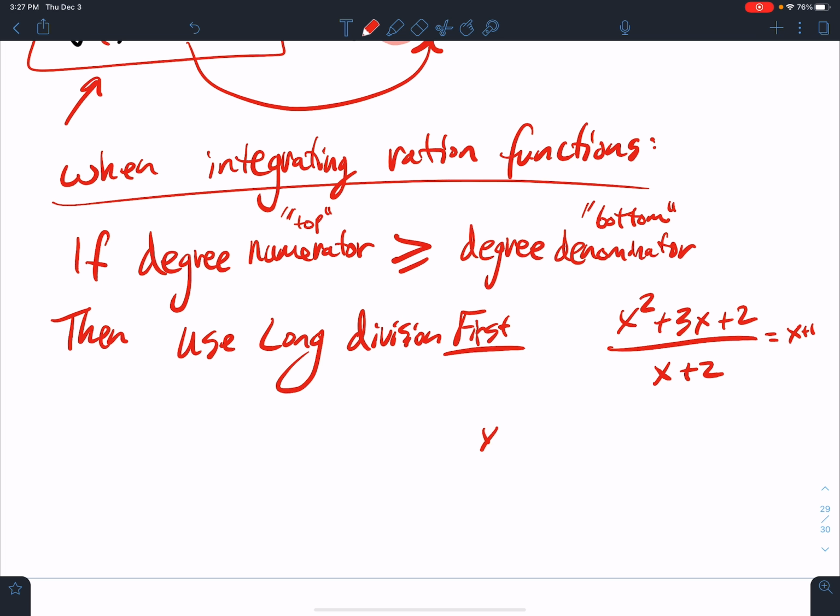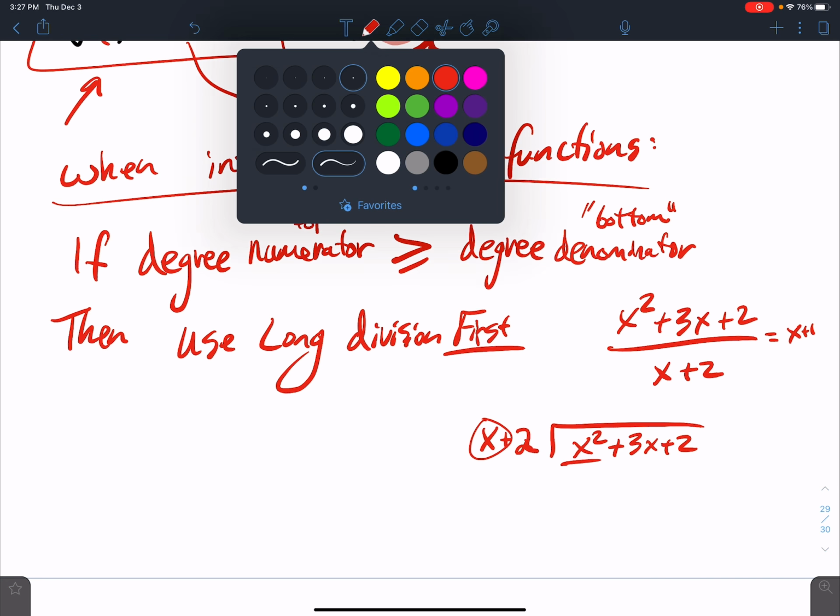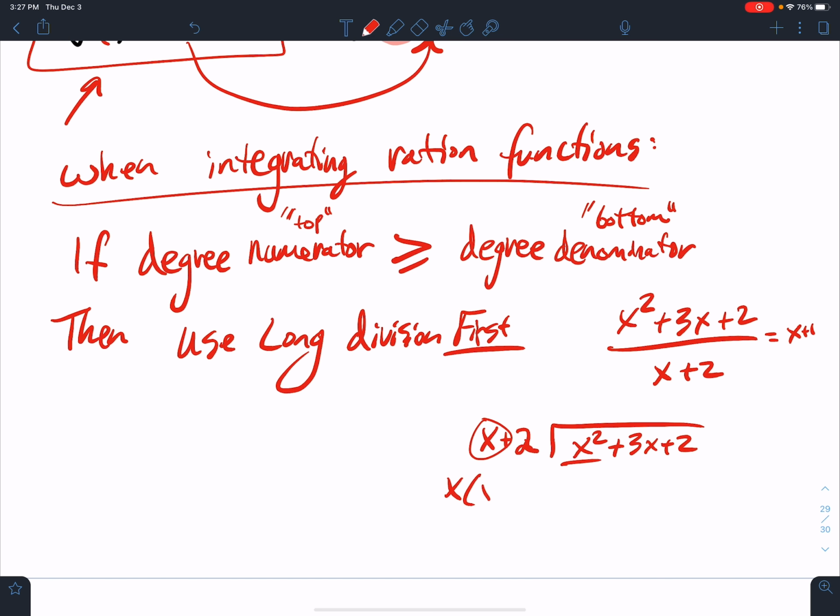Using long division, just a little refresher, x plus 2 divides into x squared plus 3x plus 2. How many times will x go into x squared? 1x, so x times x plus 2 gets me x squared plus 2x, so I'm going to write x squared plus 2x, and don't forget to write what you multiply by up on top.